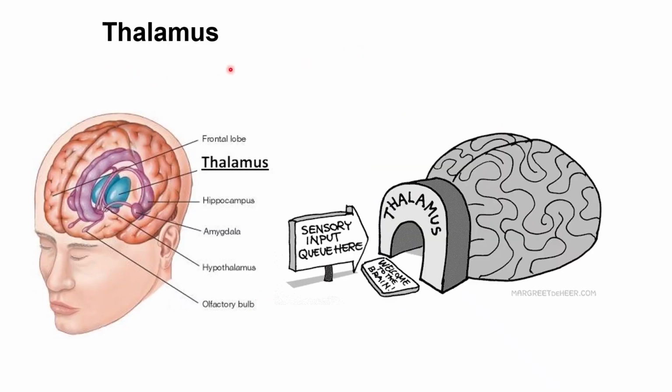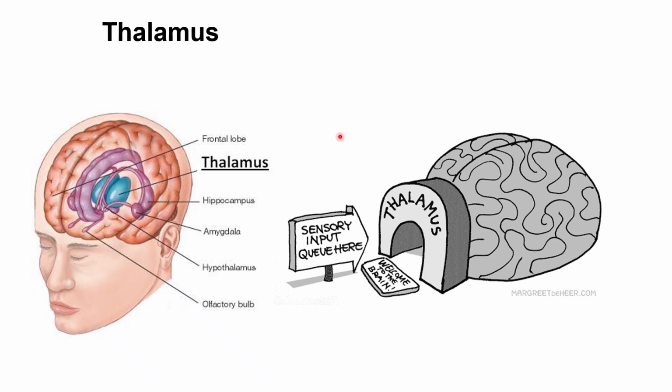The first one is the thalamus. The thalamus is shown in blue here. It is in the middle of the brain, near the midline. These structures are known as the relay center in the brain because all of the sensory input coming into the brain from various sensory organs passes through the thalamus.